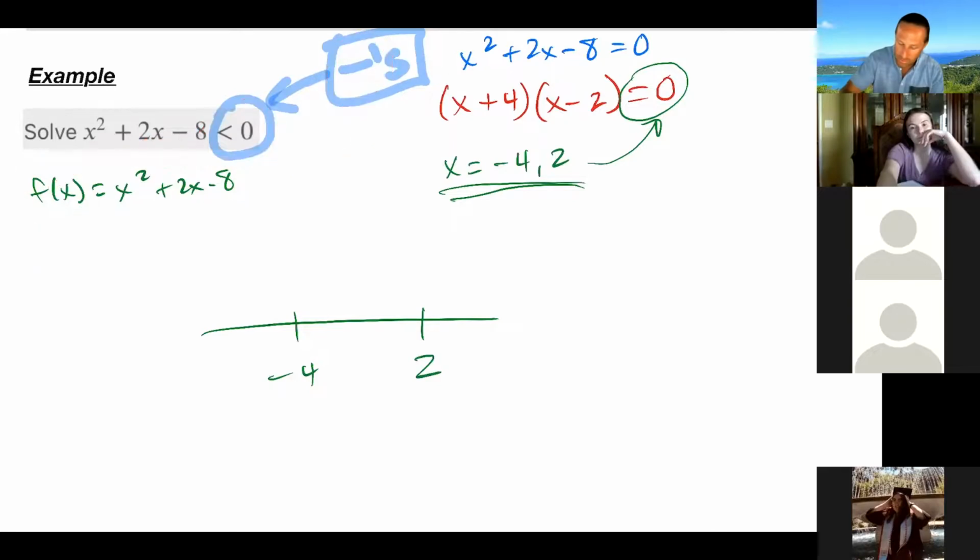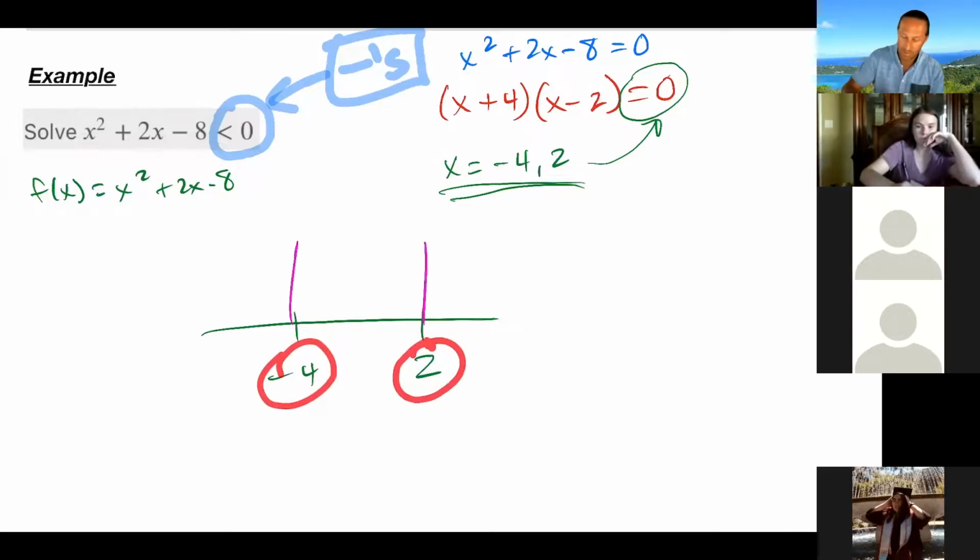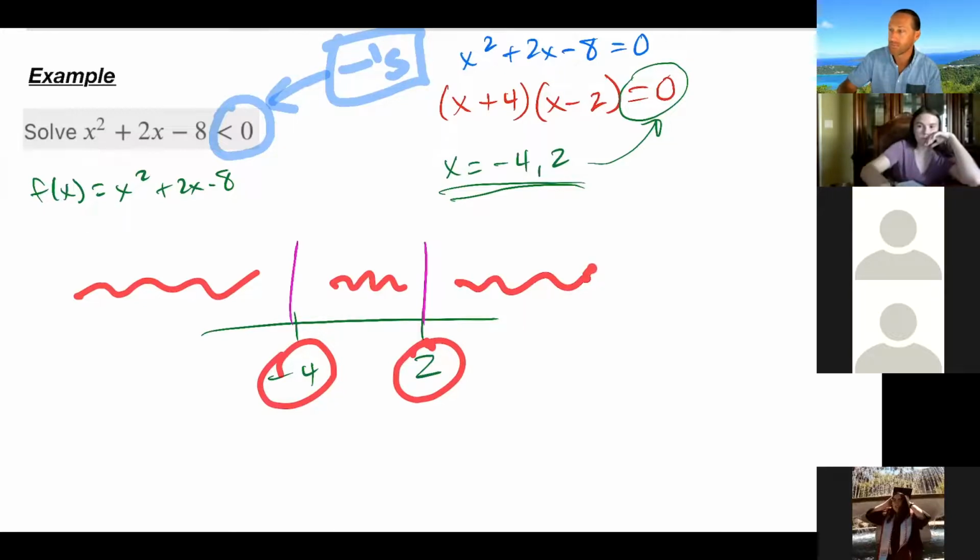So all I'm going to do is go over to this, and I know that because there were 2 places where it was 0, then there are 3 different regions, sections, or what they call intervals, that either have to be what or what? Negative or positive. Because these are where it's equal to 0, only those 2 places. So if it's not 0, it either is positive or negative.